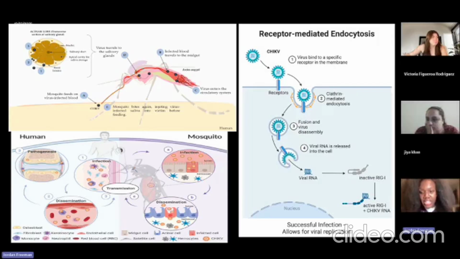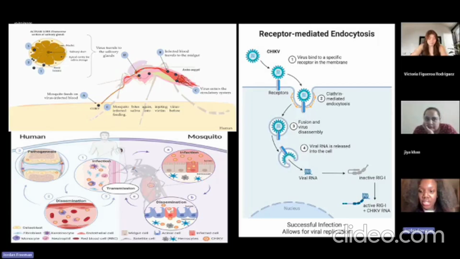When the mosquito injects saliva containing the virus into the person's skin while feeding, the virus infects the skin fibroblasts, immune cells, and endothelial cells near the mosquito bite. Inside the human body, the virus enters the cell by receptor-mediated endocytosis. The E2 protein binds to the receptor MXRA8.